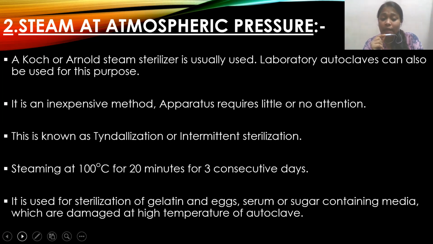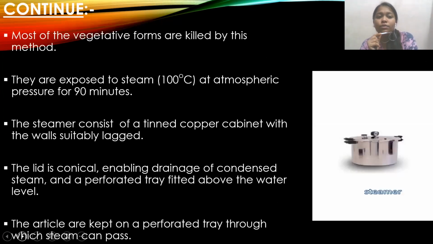It is used for sterilization of gelatin, serum, or sugar-containing media, which are damaged at the high temperature of an autoclave. Autoclave's temperature is 121 degrees Celsius, which is very high for these substances. So, most of the vegetative forms are killed by this method, but not the spores.